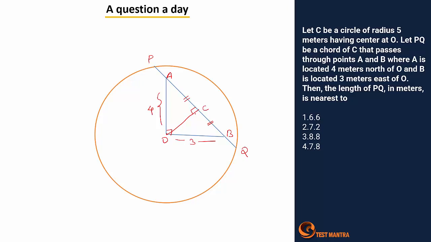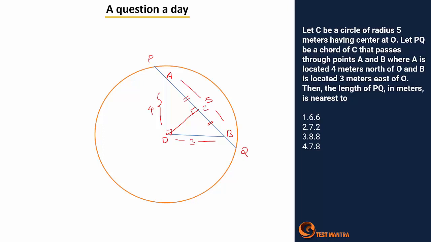If I'm able to find out PC, I know the value of CQ, or vice versa. Second important thing, I can definitely identify the value of OC. As it's a right angle triangle, I'm using Pythagorean triplet. This part AB will be 5 meters in this case.